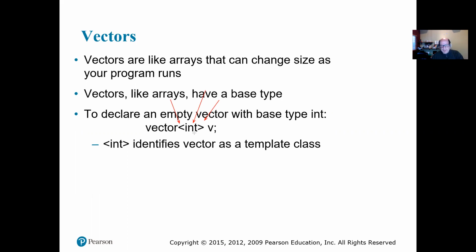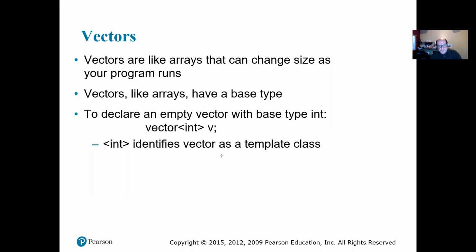Basically, it says that you can put any data type here, including classes. So I can put a vector inside a vector inside a vector, or you can put a string over here or some other data types. So in here, I'm creating a vector of type int.